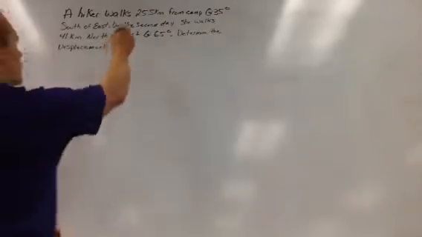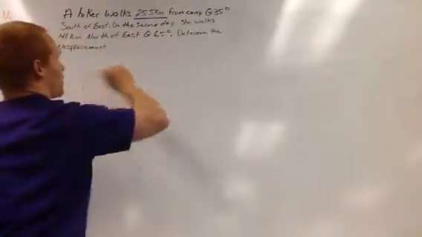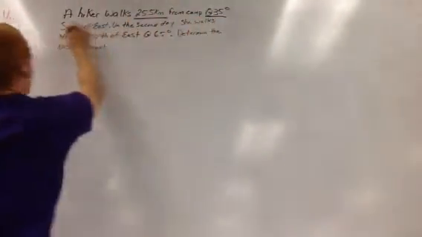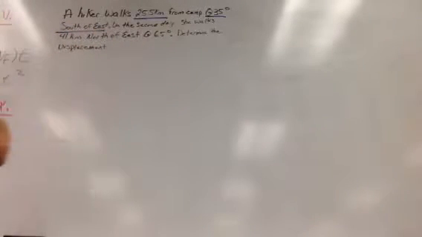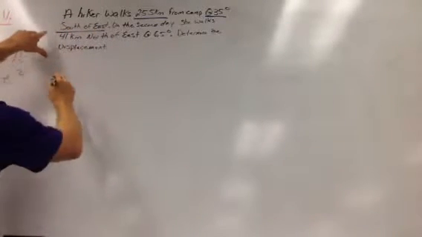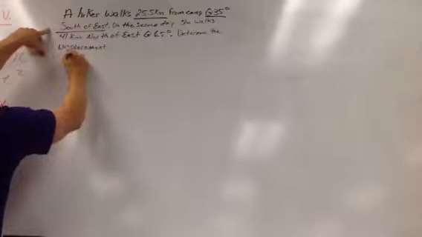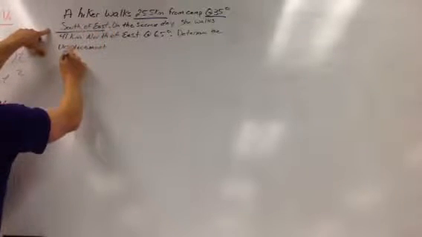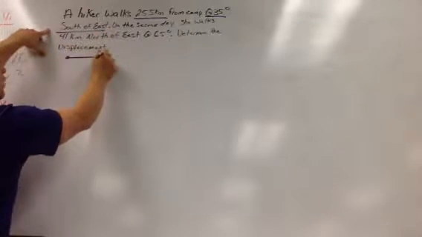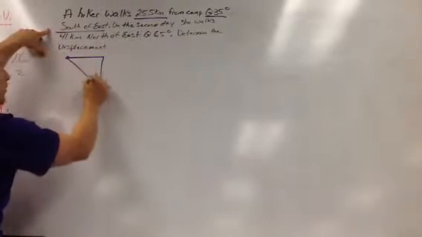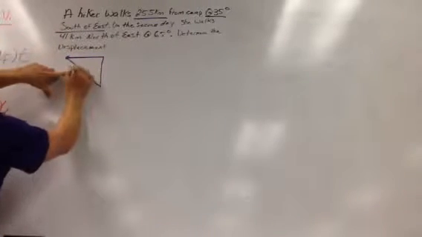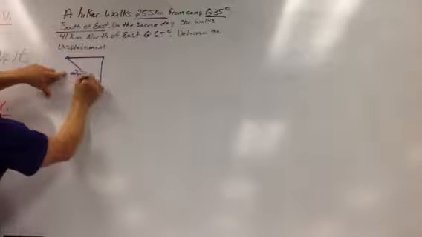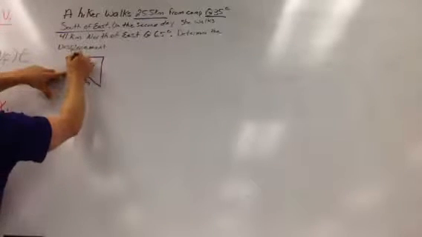So first one, they walked 25.5 kilometers from camp, 35 degrees south of east. To draw this, we first go the second direction. So we're going to put a dot, go east, then we go south. So that is triangle 1, 25.5 kilometers, and at 35 degrees.